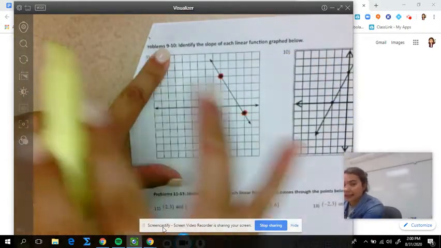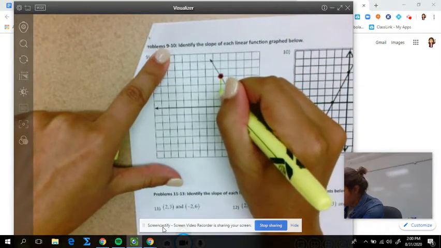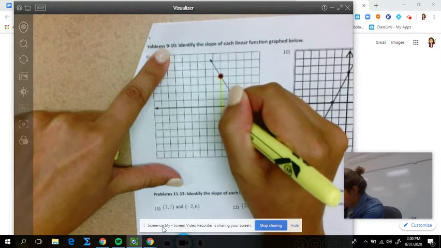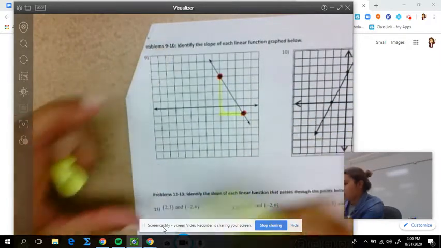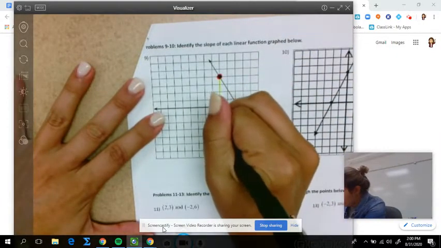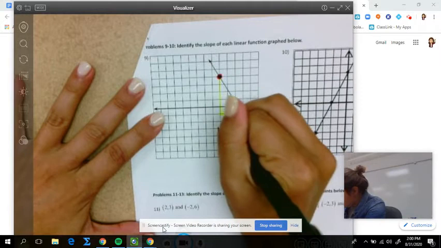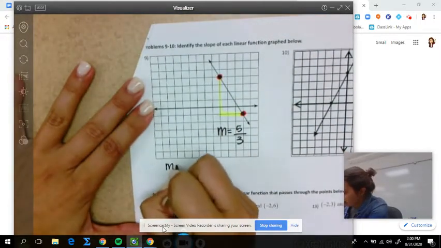In this case, our line is decreasing, so we're actually going to go down. So 1, 2, 3, 4, 5, all over 1, 2, 3. So our slope in this case for number 9 is 5/3. I can even write that down here if that's hard to see on the graph.